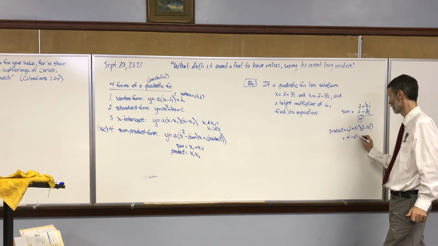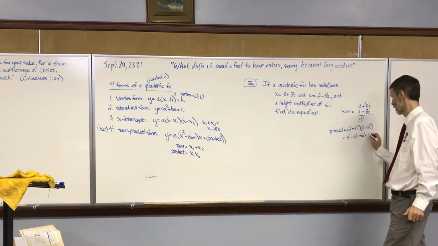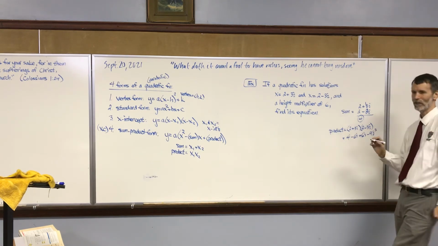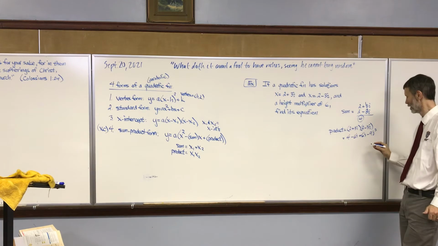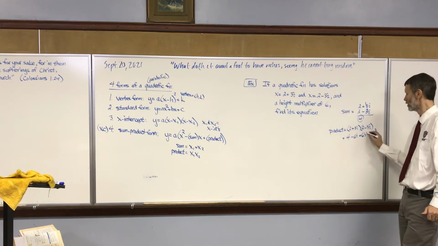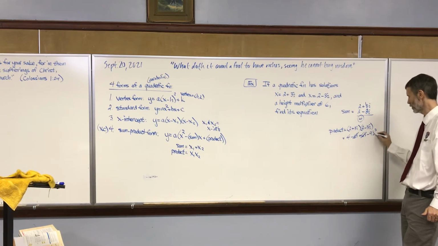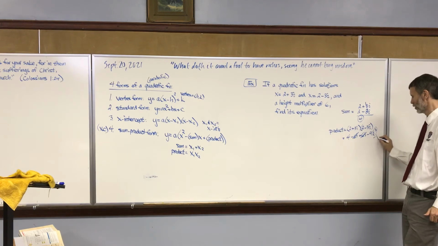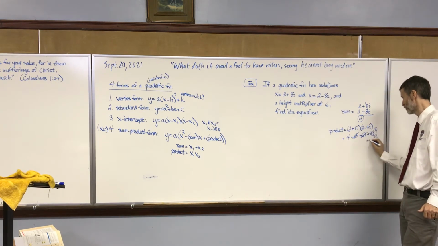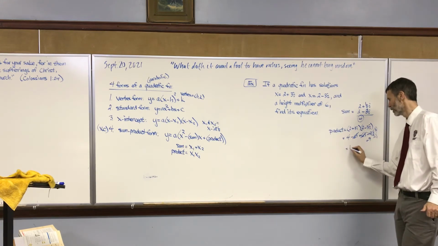Minus 6i, plus 6i, minus 9i squared. Is anything simple about it? The 6i's cancel. What's i squared? So what's negative 9 times negative 1? What's the final answer? 13.